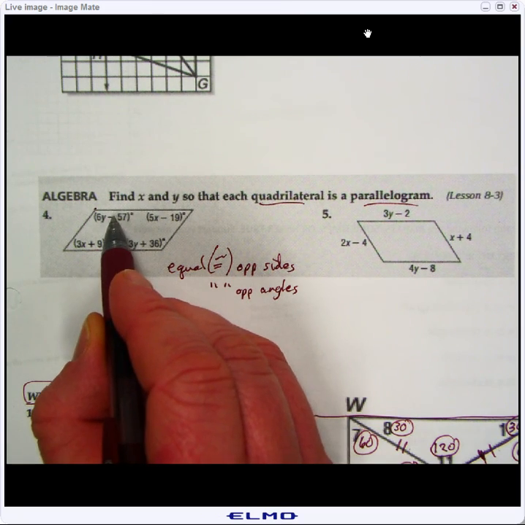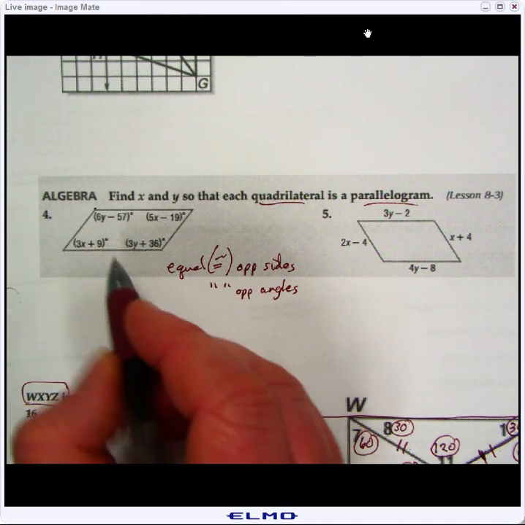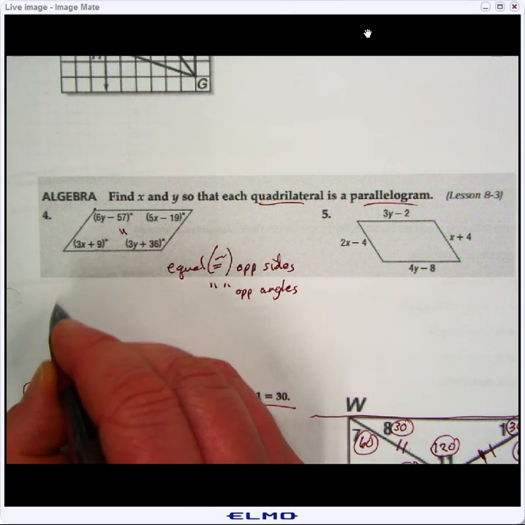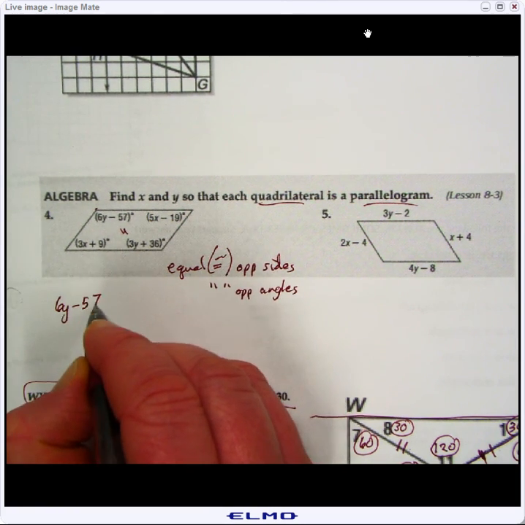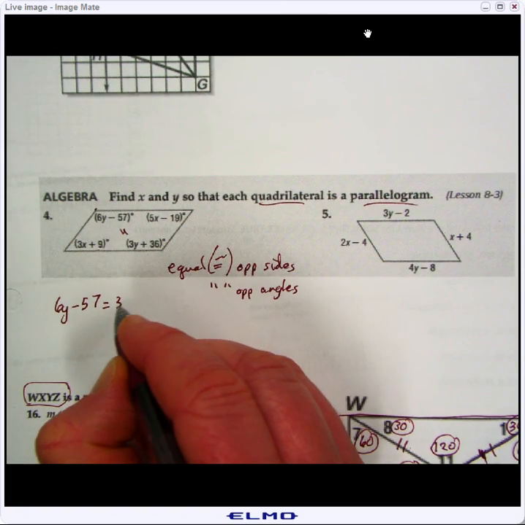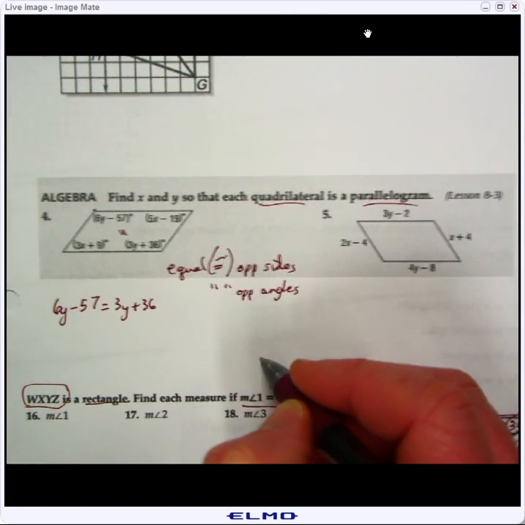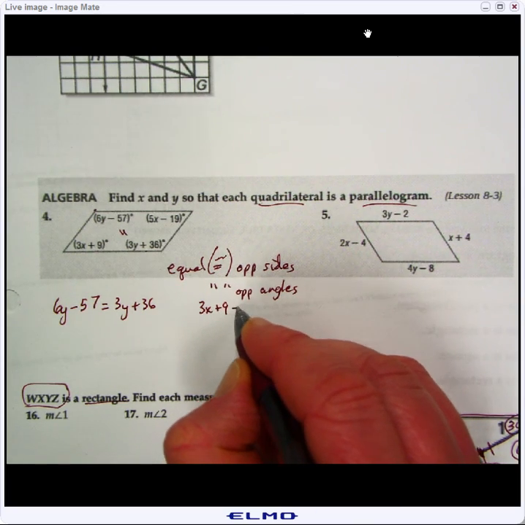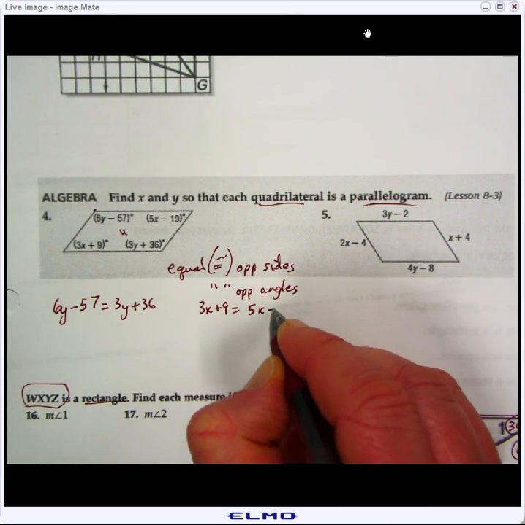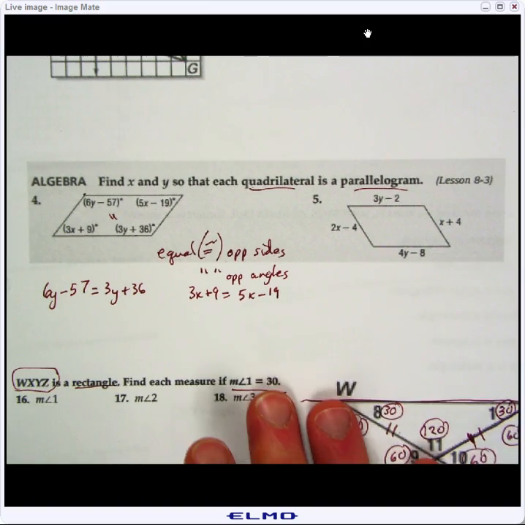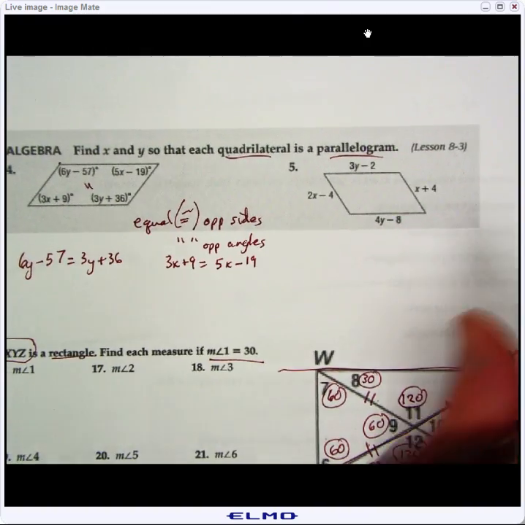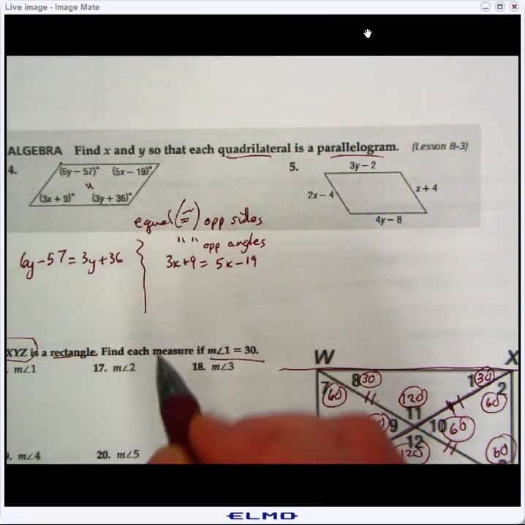Well, if I do my opposite angles congruent, I can set 6y minus 57 equal to 3y plus 36, and 3x plus 9 equals 5x minus 19. Still follows our geometry rule of stuff's usually either congruent or it's equal. In this case, they're congruent.